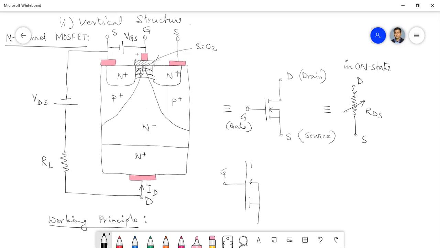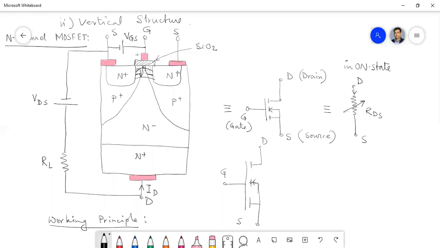So if we call it drain and source and gate, between which two terminals should we draw that BJT? Drain and source, correct?